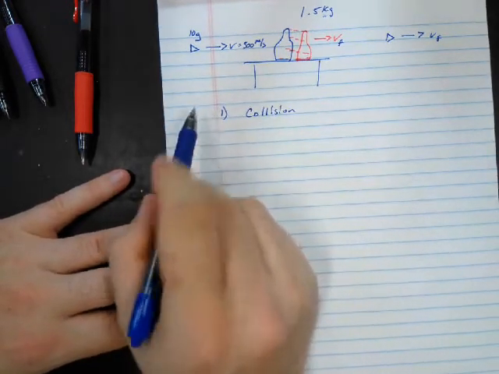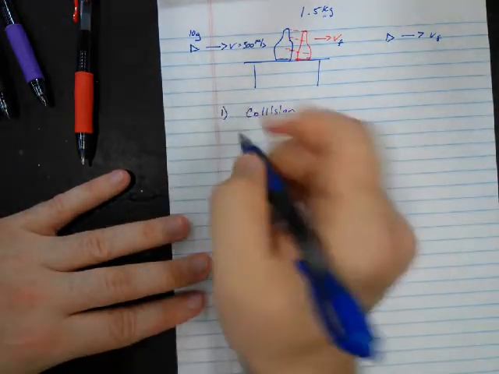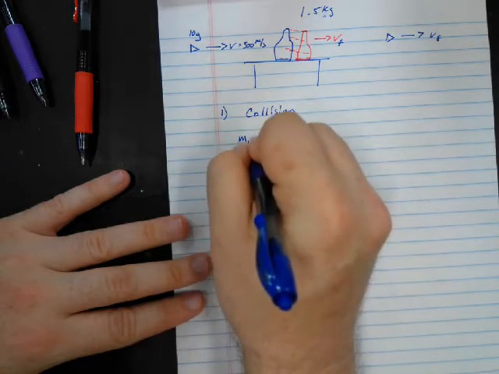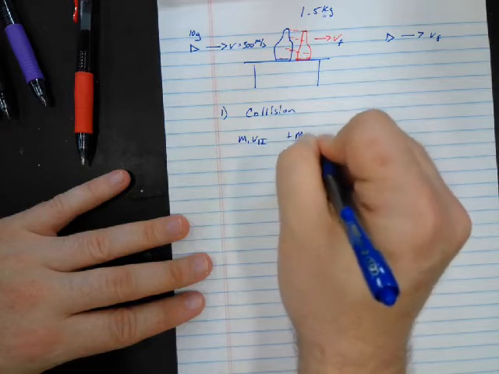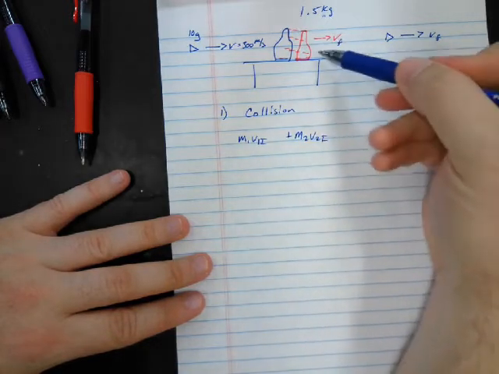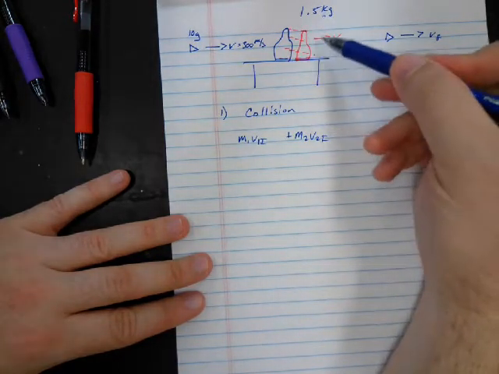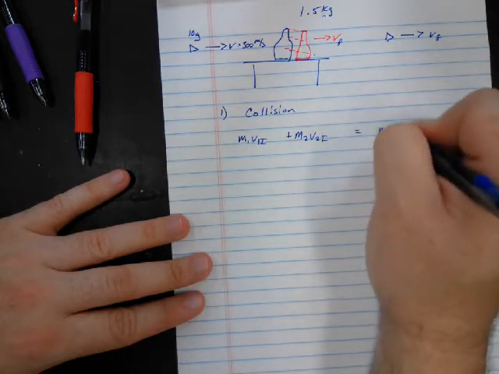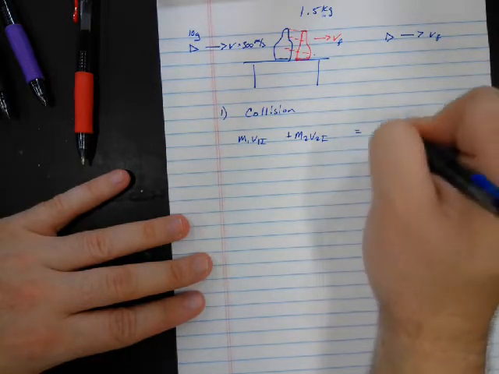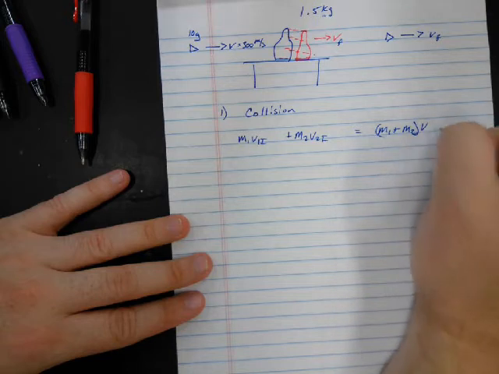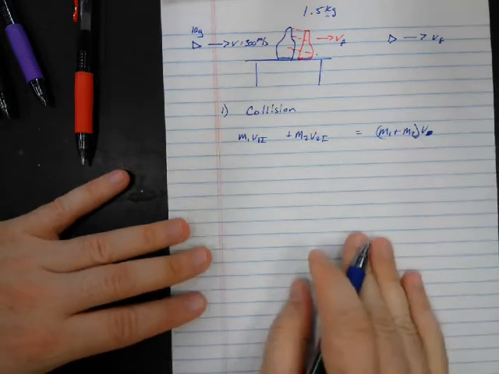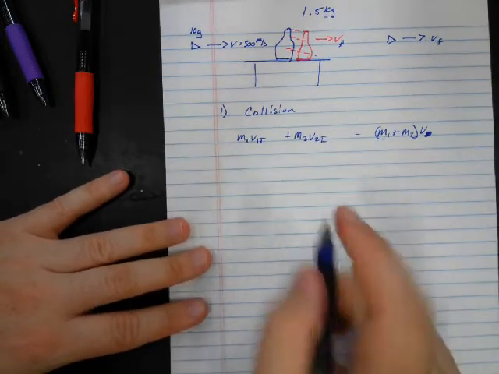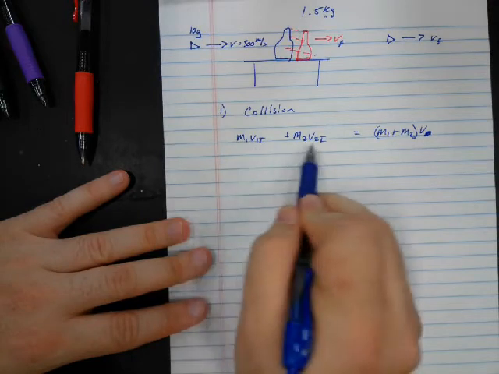Well, this thing has some momentum, so M1 V1 initial plus M2 V2 initial equals, with some common velocity, M1 plus M2 times V final, or, I want to call it intermediate, let's just call it V. So this stuff's pretty easy.